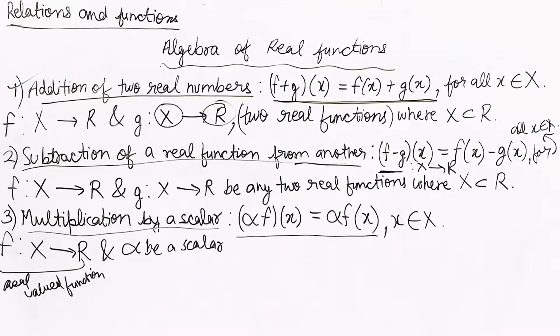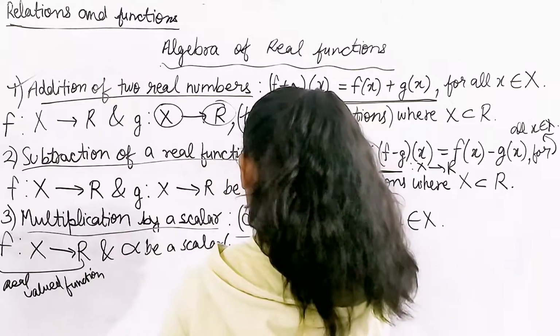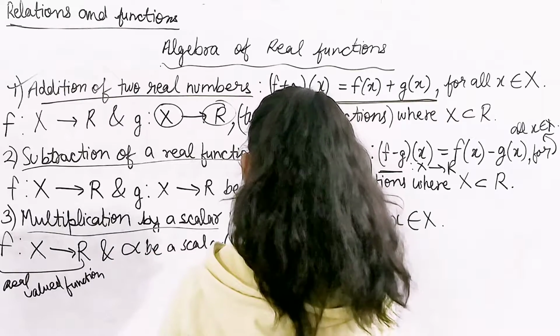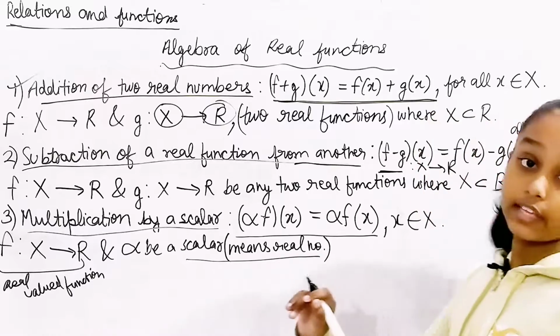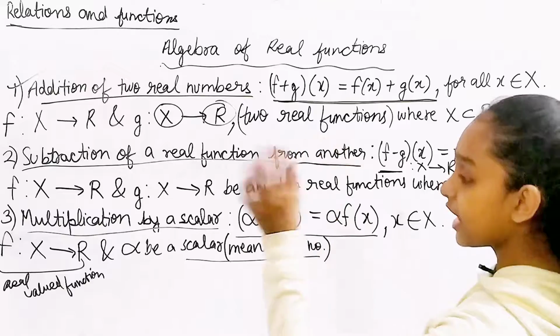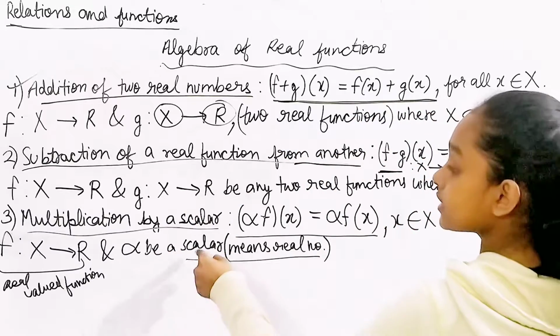a scalar means a real number. This scalar actually means real number, nothing else. So a real valued function, we're doing a multiplication of a real valued function with a scalar.